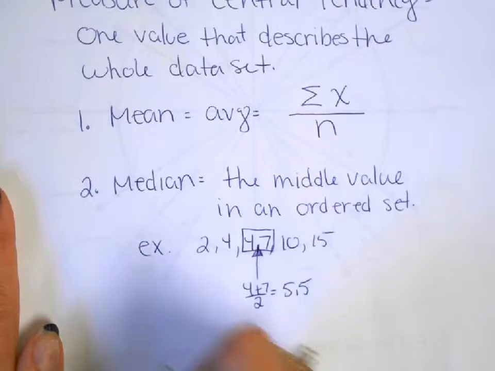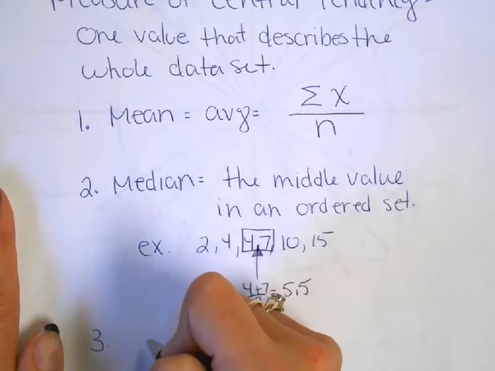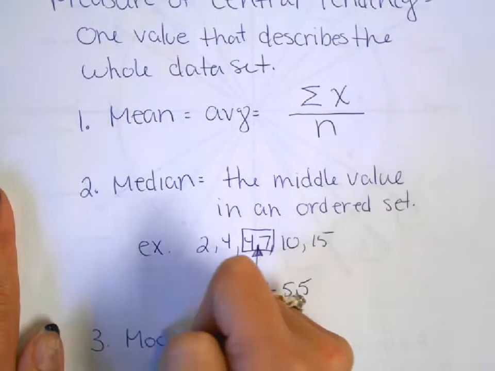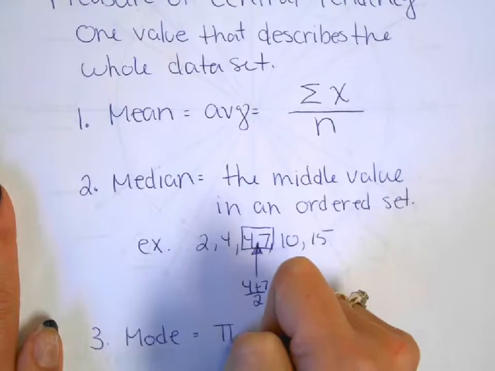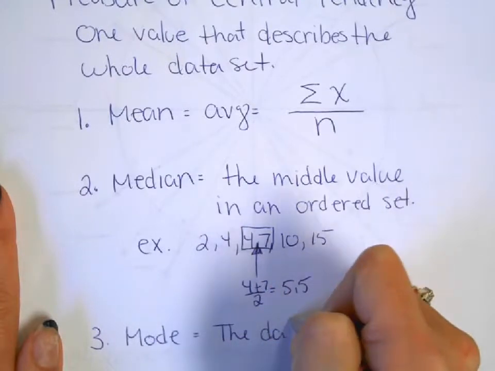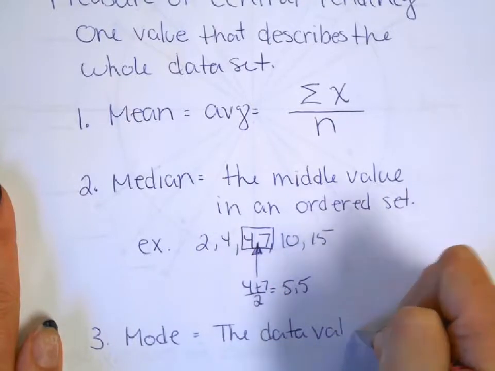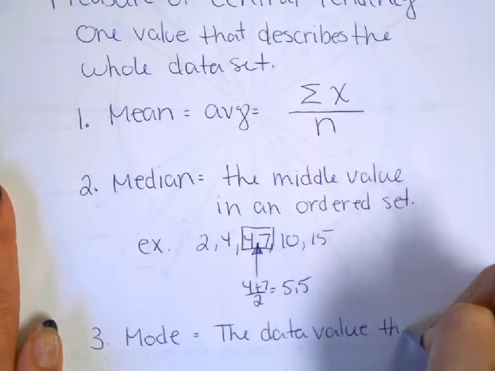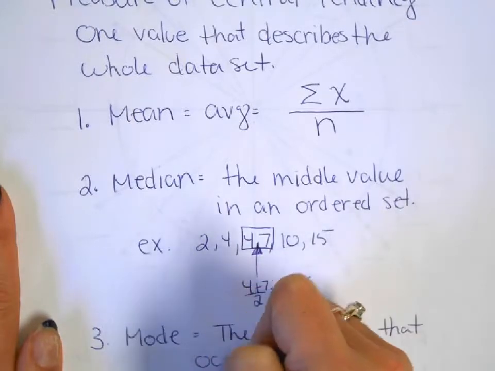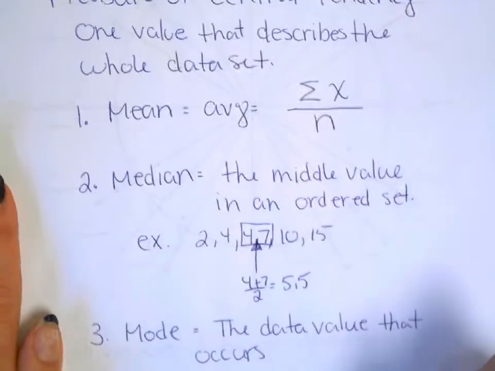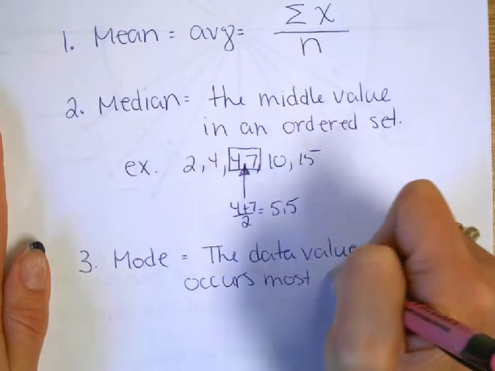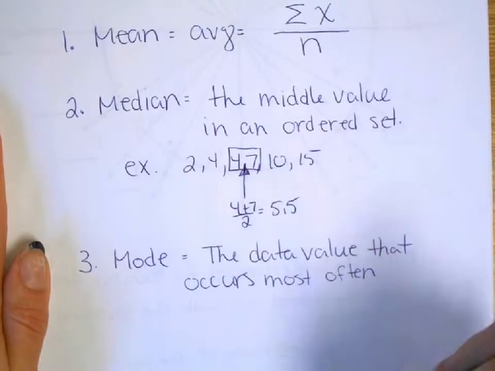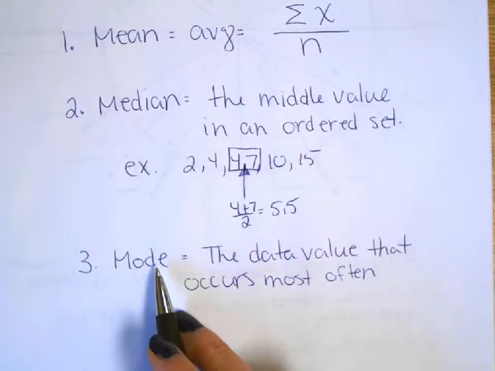And then our third measure of central tendency is to give the mode value. And mode is just the data value that occurs most often. And this is the only measure of central tendency that we have for qualitative data.